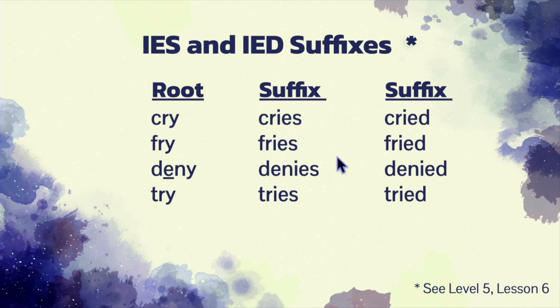Fry, fries, fried. Deny, note the long E. Denies, denied. Try, tries, tried. So if you see a word with an IES or IED at the end, stop and think, does the root word have a Y with a long I sound? If so, the IE will keep the long I sound. Again, you could see this level in lesson for more practice.